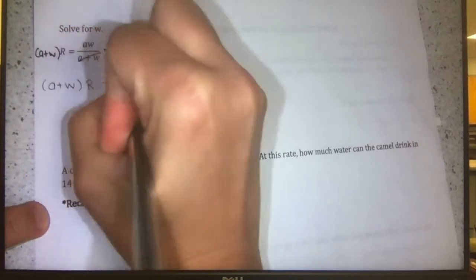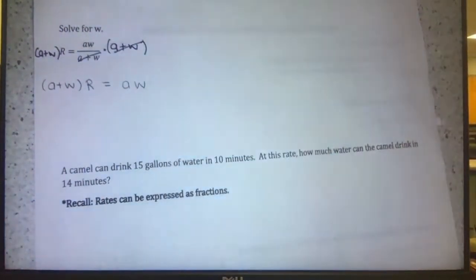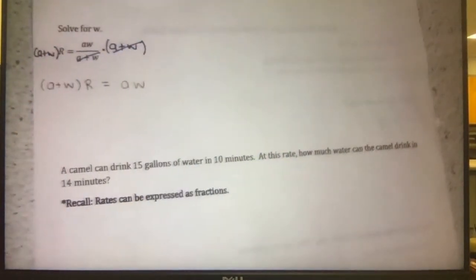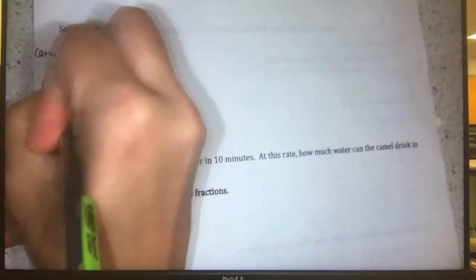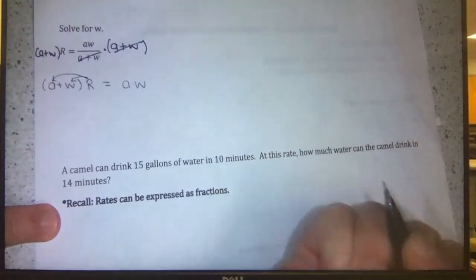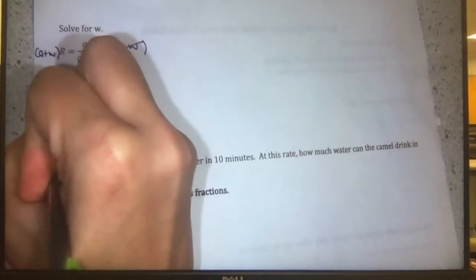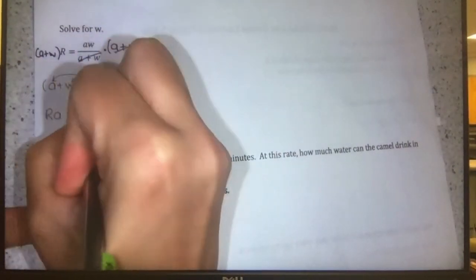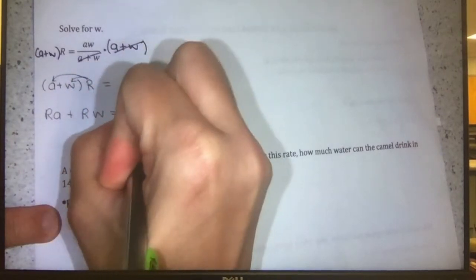We are left with A plus W times R equals AW. Again, I can't get those W's together, so let's just keep working at it. Let's distribute this R. Notice it's capital R. So R times A plus R times W equals AW.